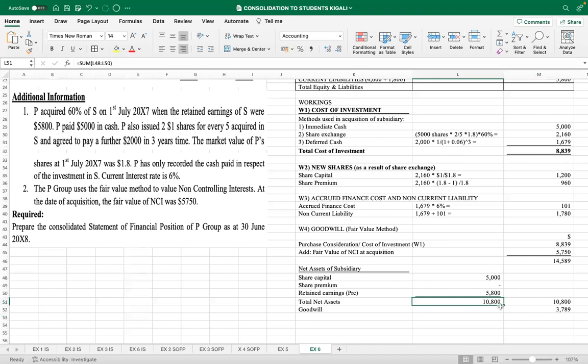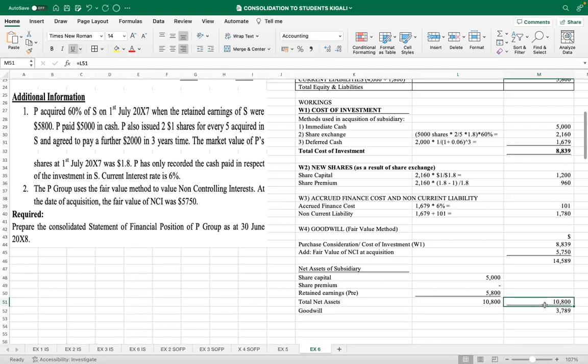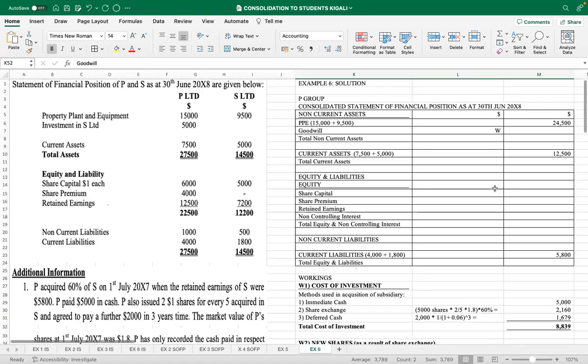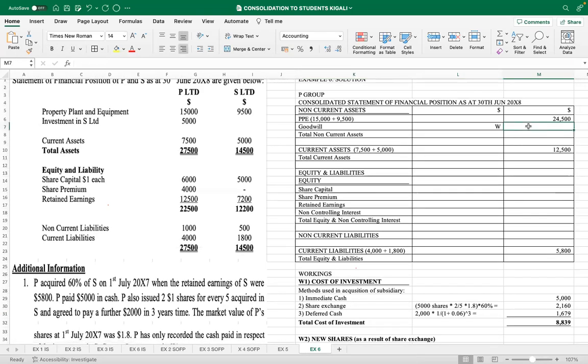But now we take 100% because we are using fair value method. So our goodwill, it's positive, so we take it to the balance sheet.